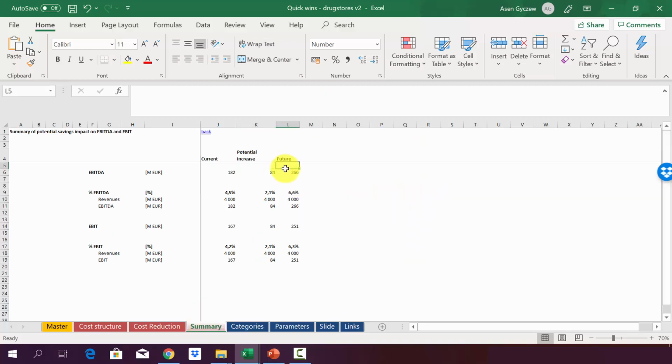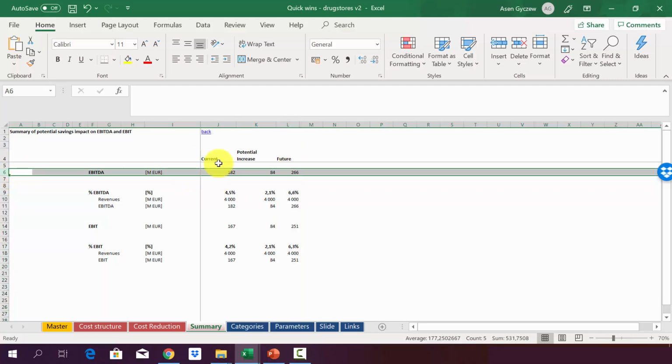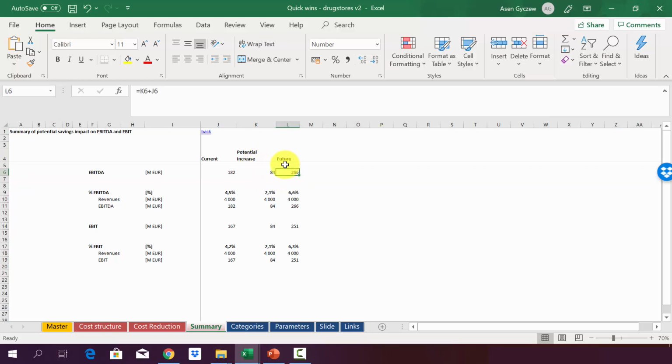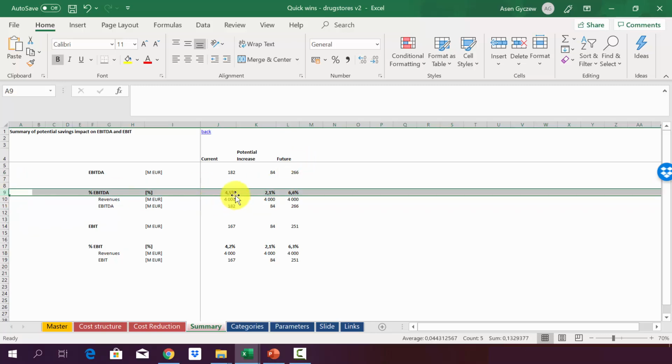And then we've got the future value of those indicators after we take into account savings. So for example, if the EBITDA currently is 182 million and we implement those 3 projects, which are worth 84 million of annual savings, it means that in the future, our EBITDA will be equal to 244 million. And it also means that it will jump from 4.5% to 6.6%. So this is the way you should read that.